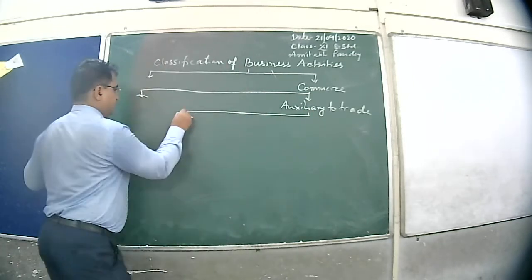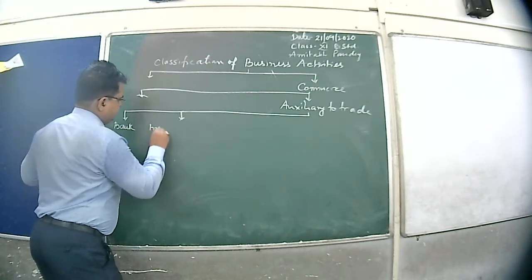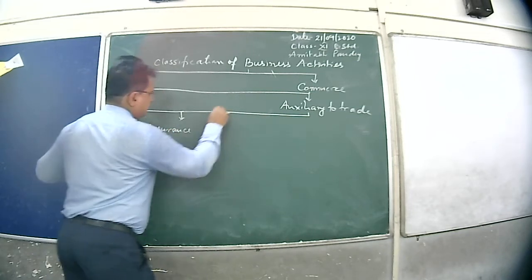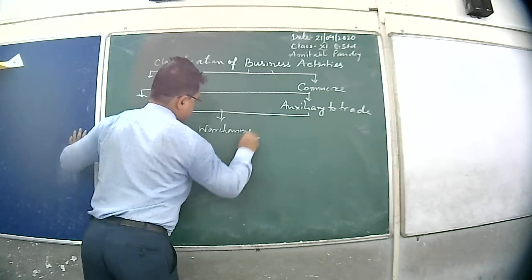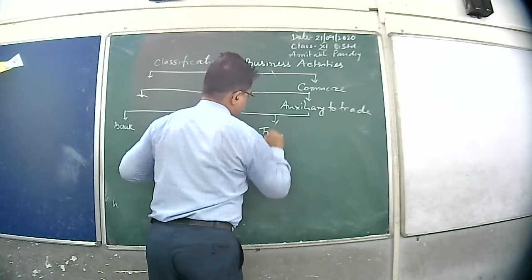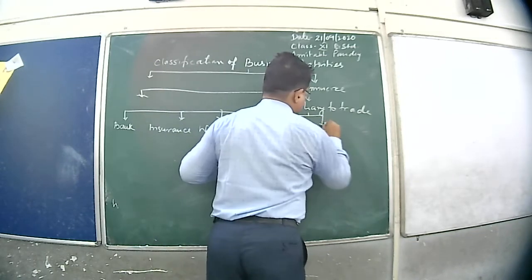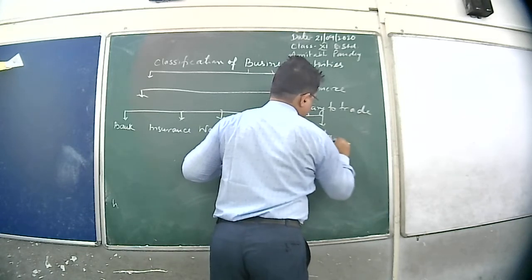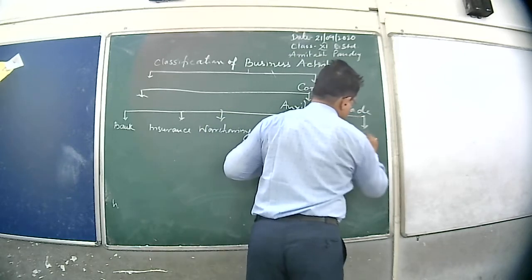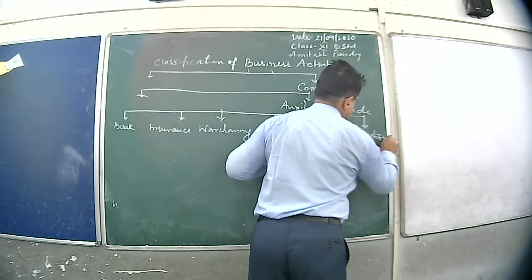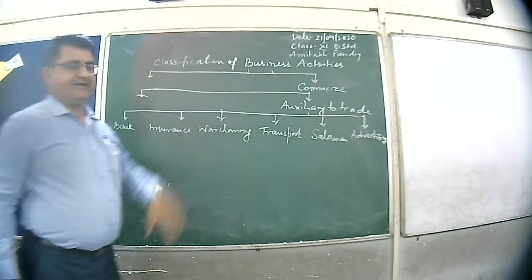For example, you have banks, insurance, warehousing, transport, salesman, advertising. All these are included in auxiliary to trade.